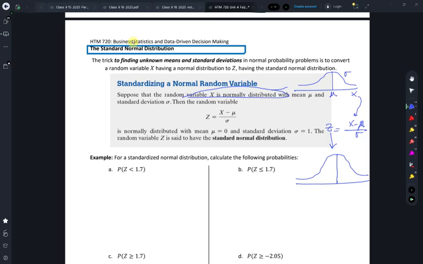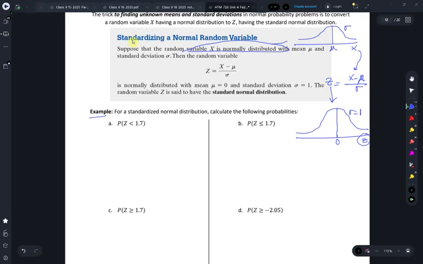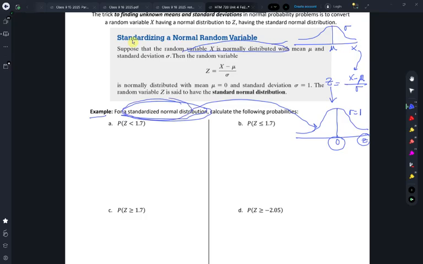However, the mean will now be 0 and the standard deviation will always be 1 for a standard normal random variable. Here's an example. A standardized normal distribution has a mean of 0 and a standard deviation of 1.